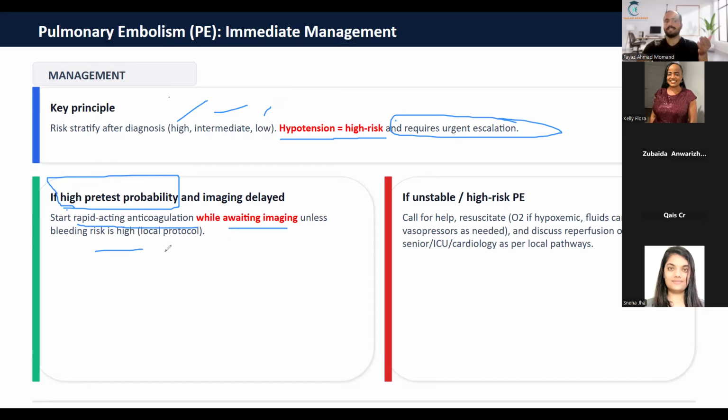Unless patient has a high risk of bleeding, rapid anticoagulation preferred with unfractionated heparin. If patient is unstable, then in that case, we are going to go through CPR, call for help, resuscitate patient, and escalate treatment as you deem appropriate. You can even send them to ICU or to cardiology unit based on what your hospital's protocols are.